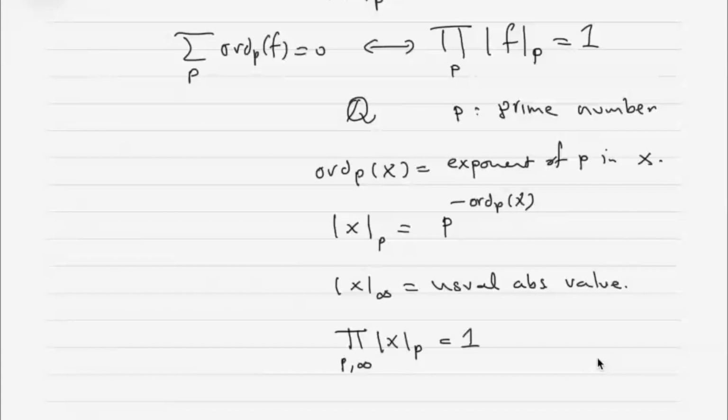So they actually cause a lot of trouble. And that's why usually people tend to think that number fields are much more difficult than function fields. So analogs of theorems in the function field case usually are proved in a much earlier or much easier fashion than the ones in number fields.